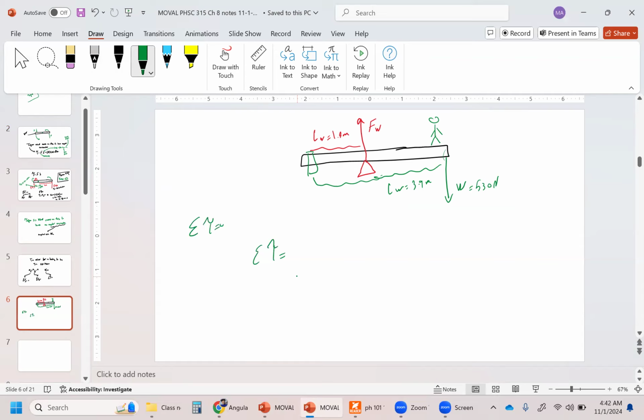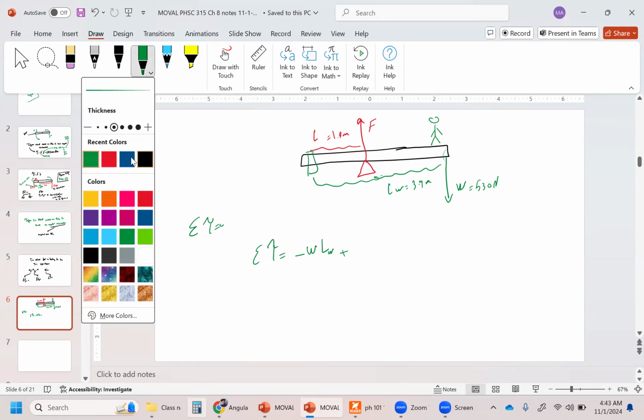So your torque on the first one will be minus W times L_W, the length for that weight that we had, plus, I'm just going to call it F2, L2. That way I would not have so many letters.